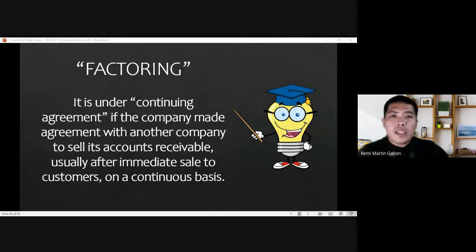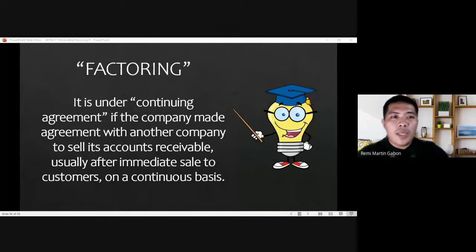If factoring is on a casual basis, of course, it is not on a continuous basis, because it is at the discretion of the company to sell anytime the accounts receivable.